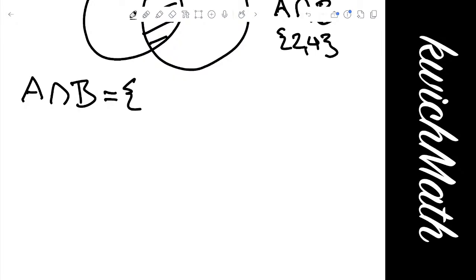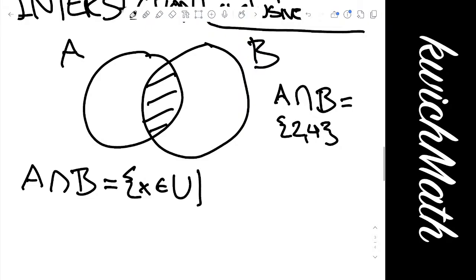We still want an X that's inside the universal set U, but in this case you can see X could be in A, but it must also be in B. So what we get here turns out to be, instead of the OR we got before, an AND here.